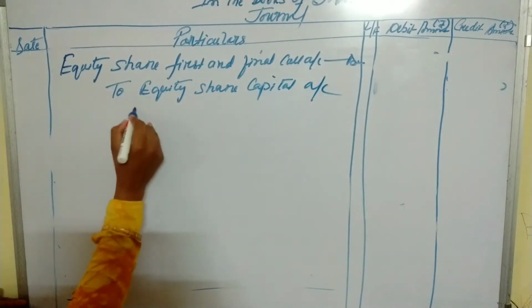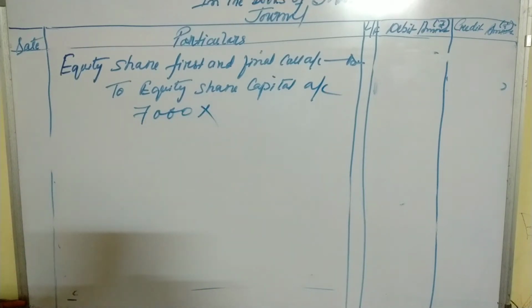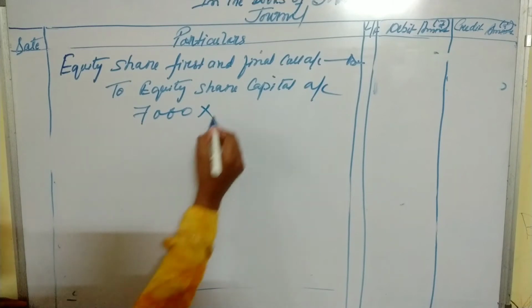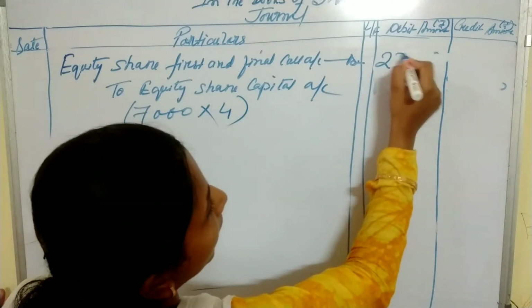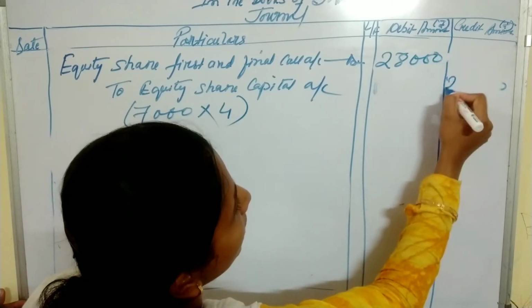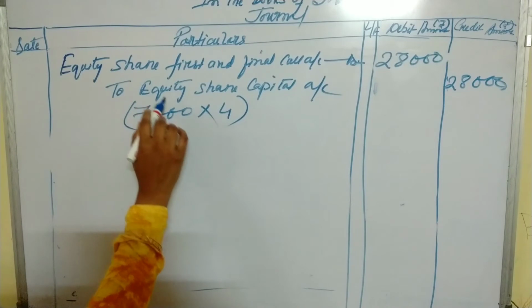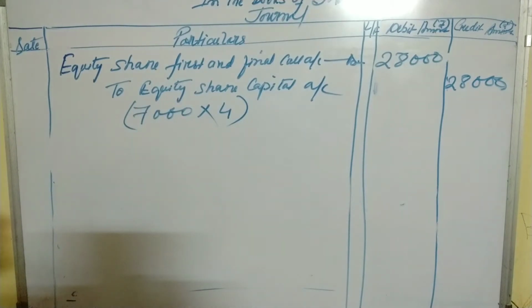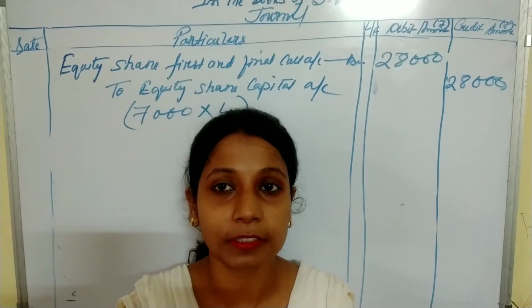Now what is the numbers of shares? 7,000, and the rate of first and final call is 4, that is 28,000. So see the entry, equity share first and final call account debit to equity share capital account. This is the due entry for first and final call.